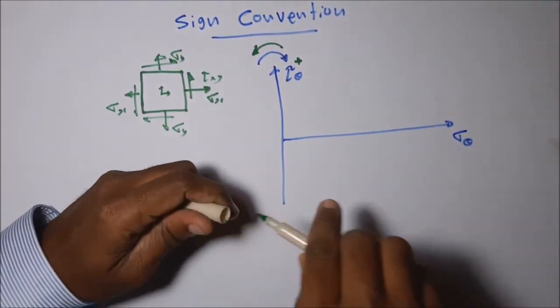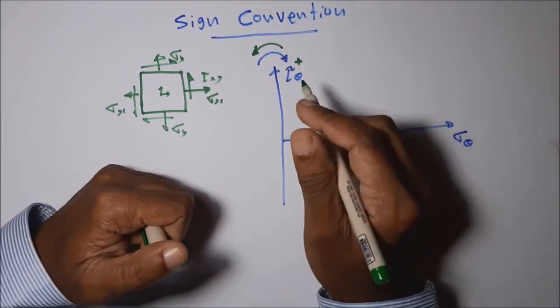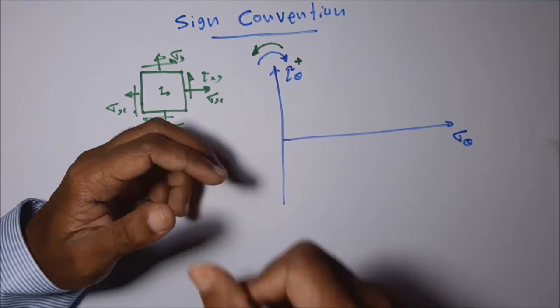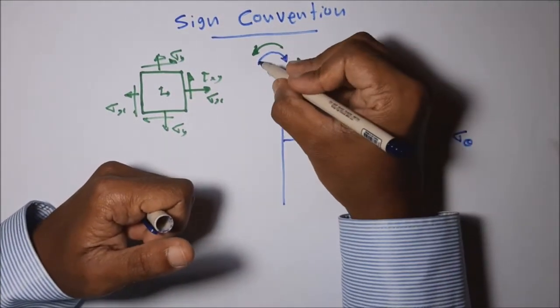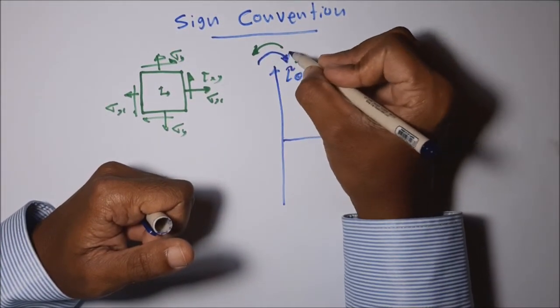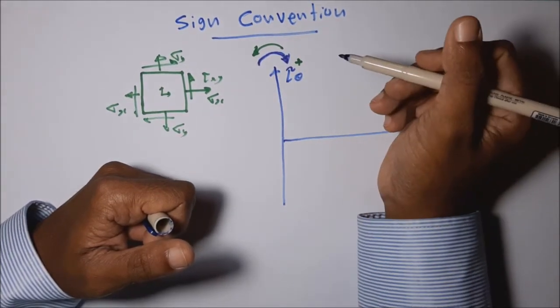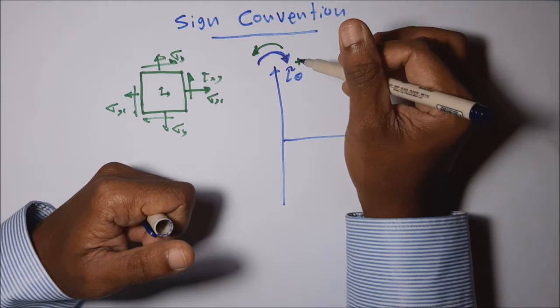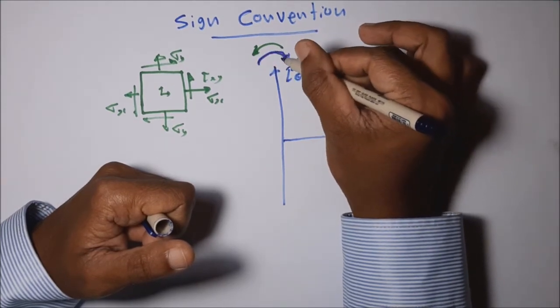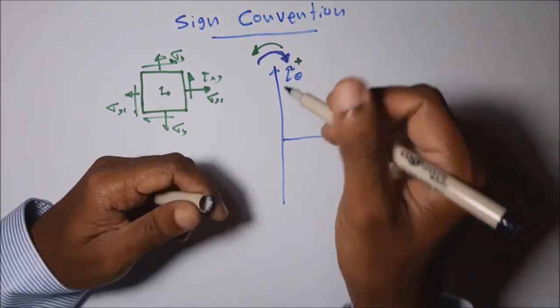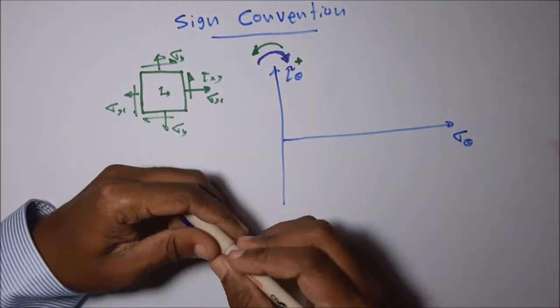But you have to adhere to one sign convention. As a good practice, I suggest putting a symbol to show which sign convention is used to draw the Mohr circle diagram, showing in which direction we take positive shearing stresses.